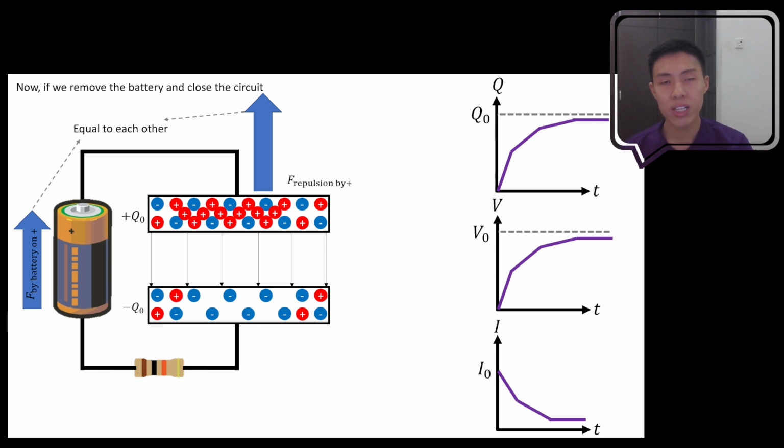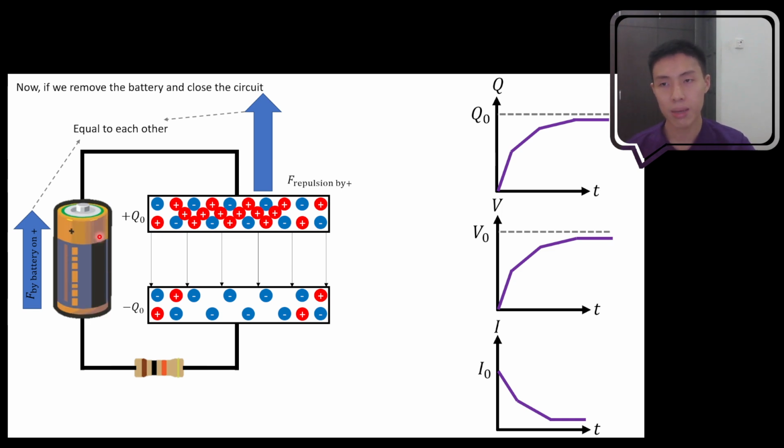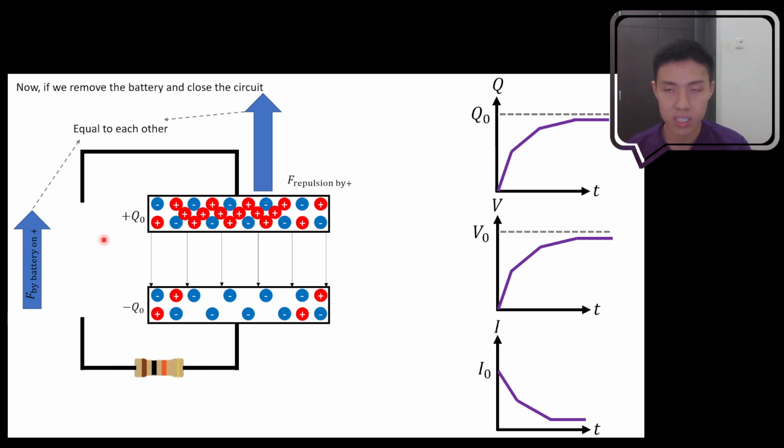Okay, so right now what we are going to do is remove the battery, and we are going to close this circuit over here. Try to notice, if I remove this battery, the component that is playing the role of pumping charges up into the high potential plate no longer exists. This force will no longer exist because the battery is absent in our circuit.